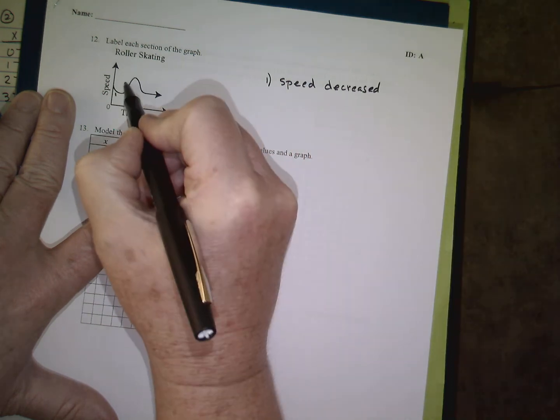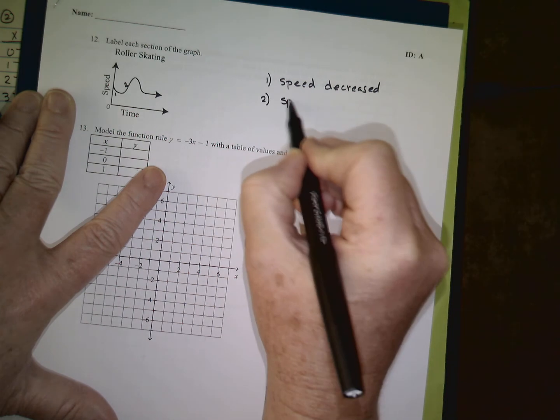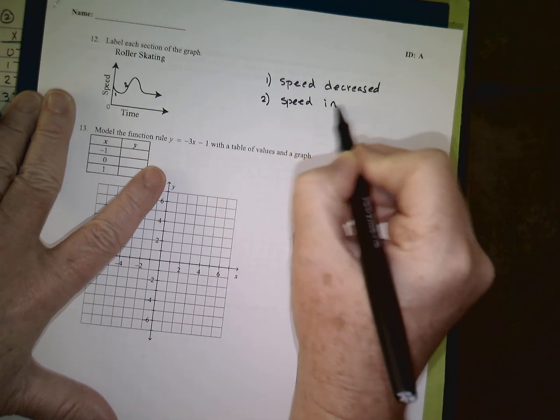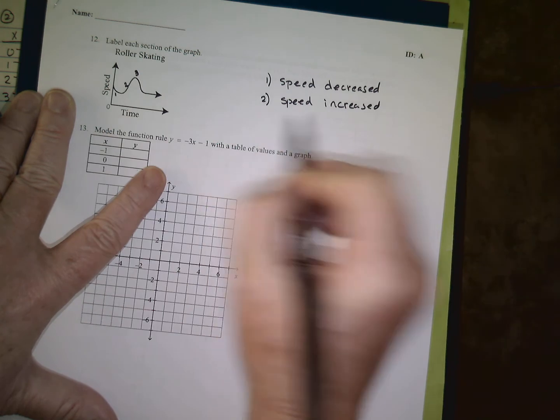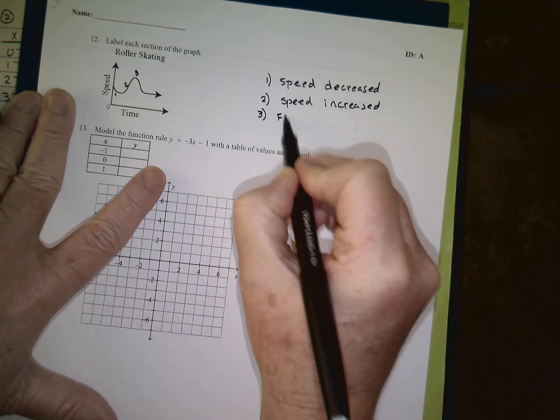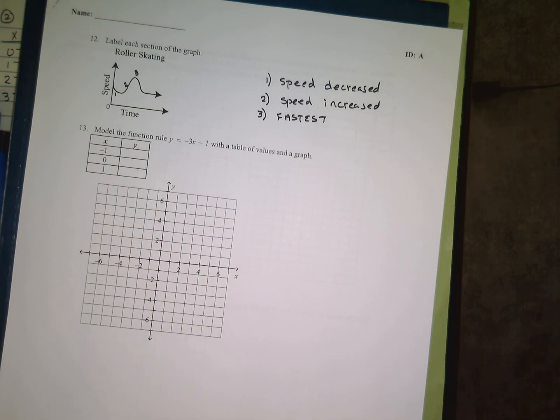Okay, what happens in this section I'm going to call section 2? Good. Tell me about the peak. Well, it really doesn't stop, but that's the fastest. That's the highest point on the graph, so that's the fastest they're going right there.